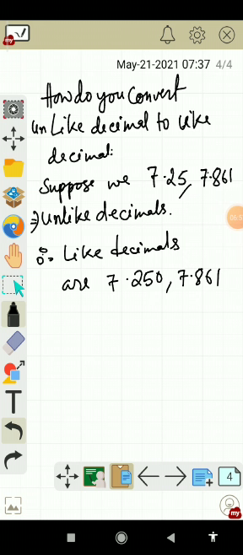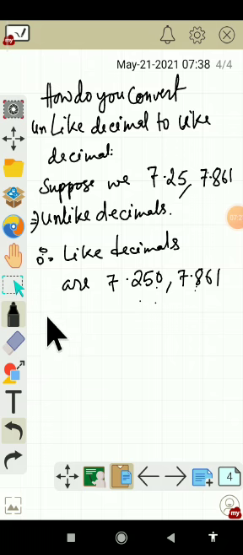For the other number which does not have that many digits, we place 0 after the number and make the decimal places equal. So this is called the conversion of unlike decimals to like decimals.